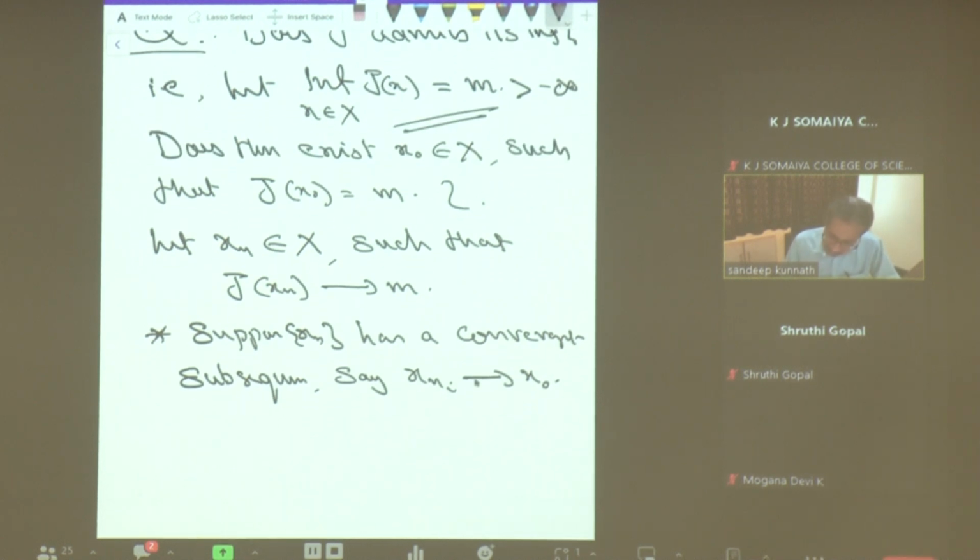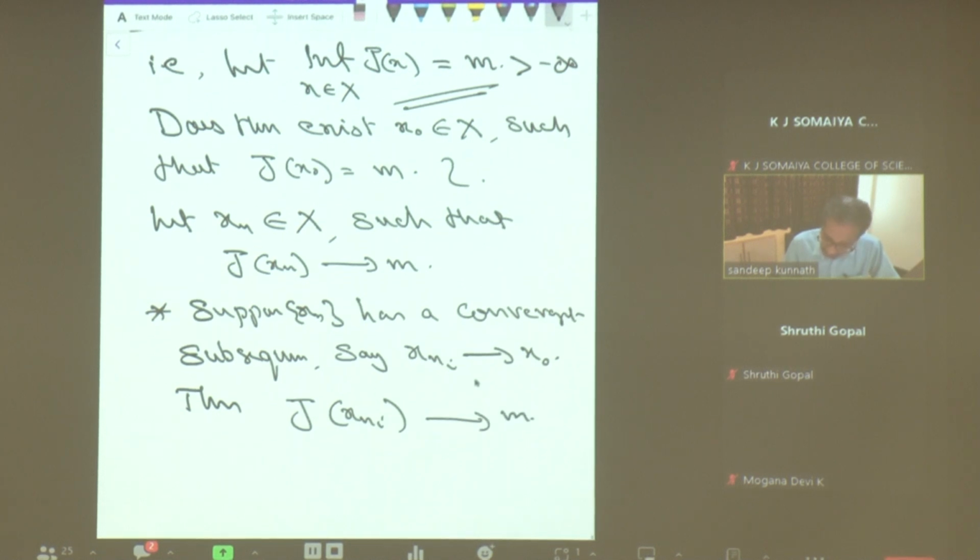Then J of x n i will also converge to M. But x n i converges to x naught.